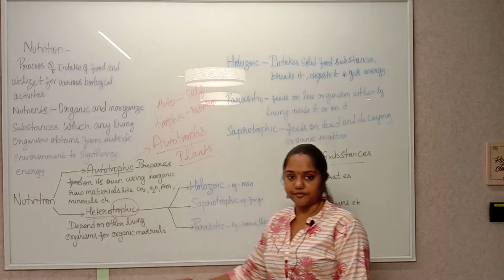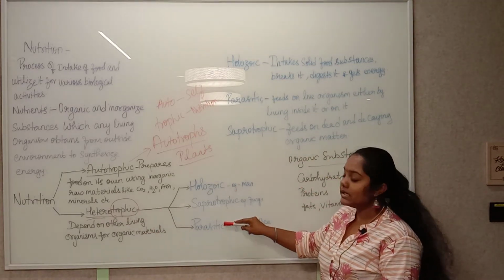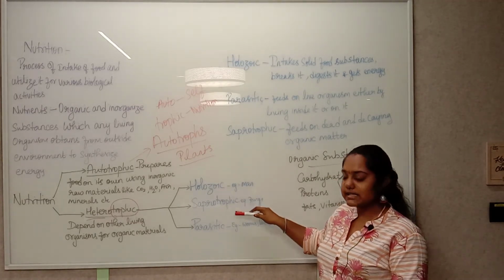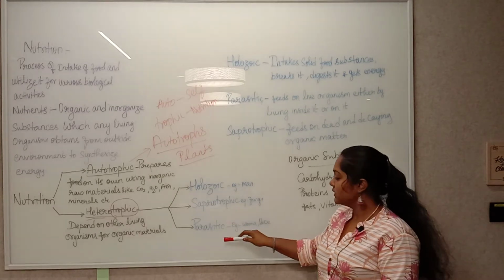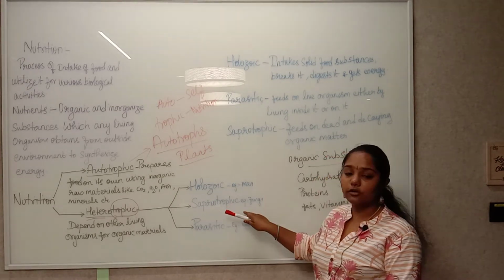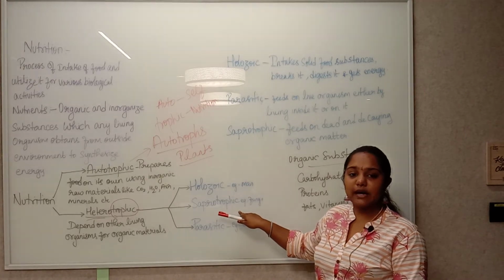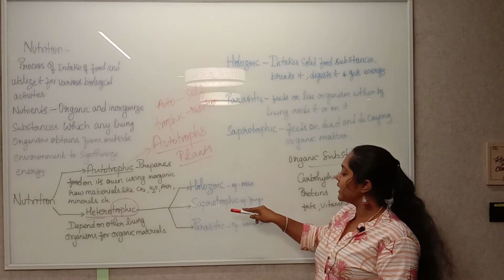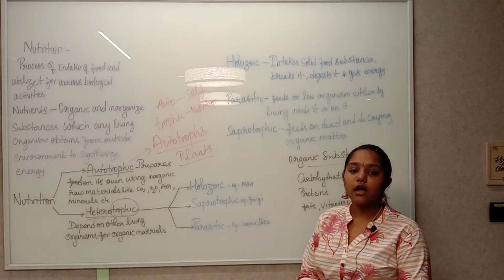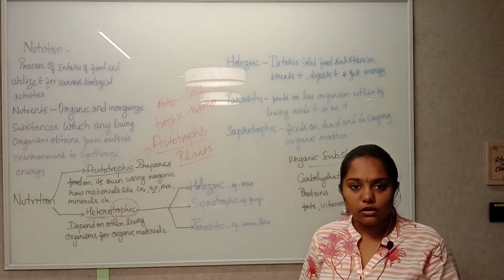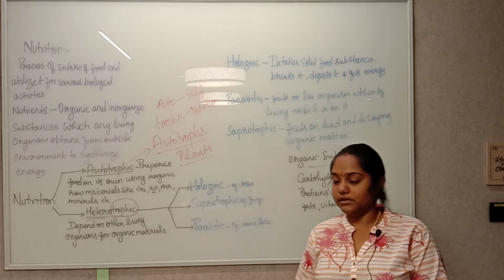In turn they are divided into three main types of nutrition. First one being holozoic, second one is saprotrophic, third one is parasitic. In some books, the word saprotrophic is also written as saprophytic. Both mean the same. Clear? Holozoic, saprotrophic and parasitic are the three types of heterotrophic nutrition which we can normally see in animals.